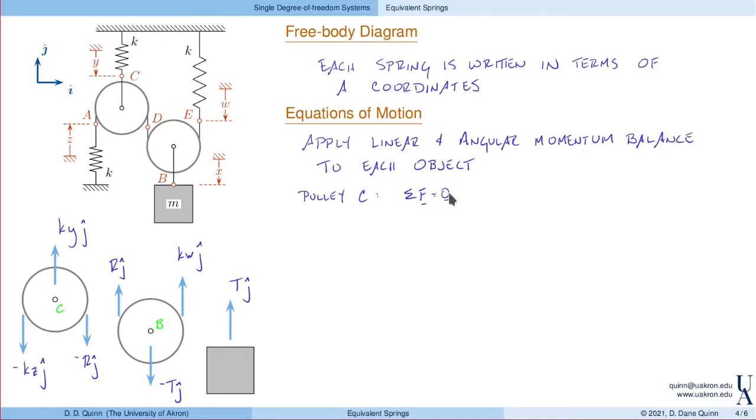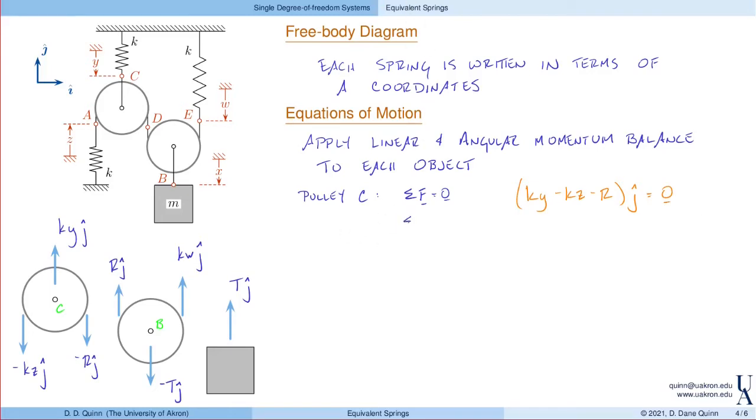Again, the mass is 0. Not to say that the acceleration of this pulley is 0, but because of the mass being 0, the forces have to balance. Well, add the forces together. Let's do that in orange. So k times y minus k times z minus R in the j direction equals 0.